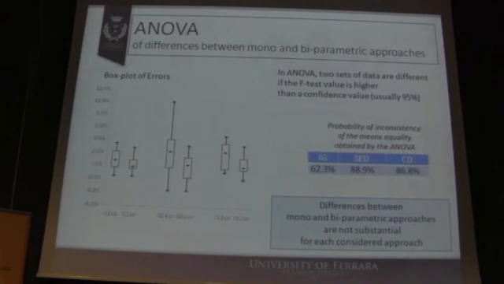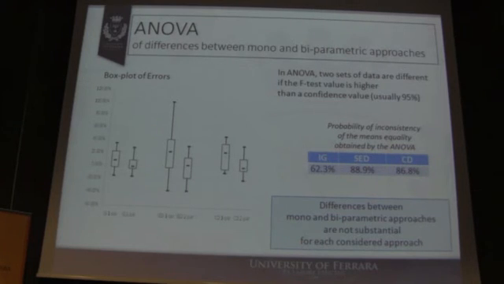We perform an F-test. The formulas are quite long but not so difficult. So we perform an F-test and we obtain a value. The analysis of variance states that the difference is actually meaningful, is important, if this probability of inconsistency is higher than a confidence value.